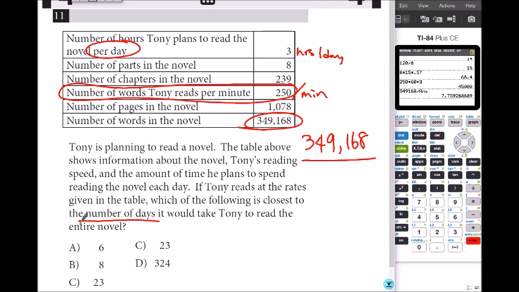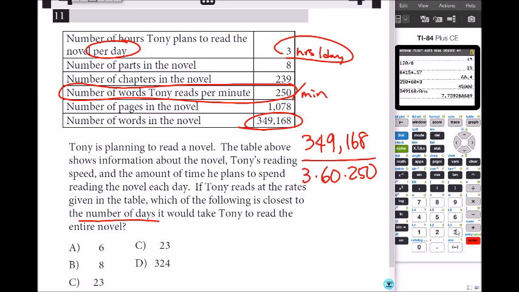And so how many hours does he read each day? 3 hours. And how many minutes in 1 hour? 60 minutes. And each minute he reads 250 words. Right? So this is the total number of words that he reads each day. So you can just divide it.